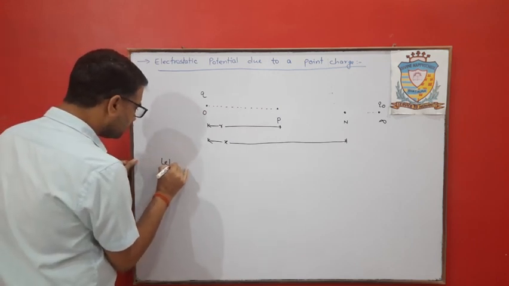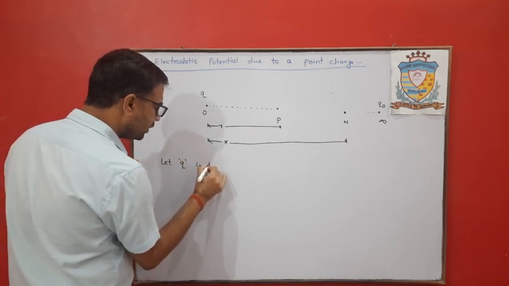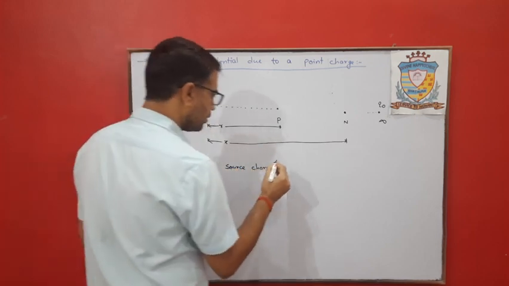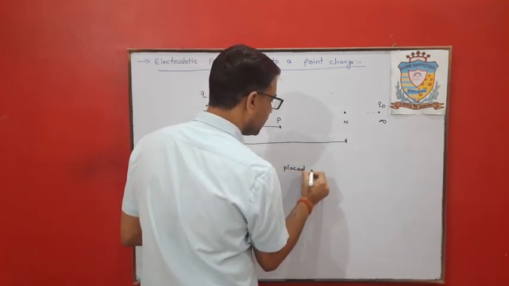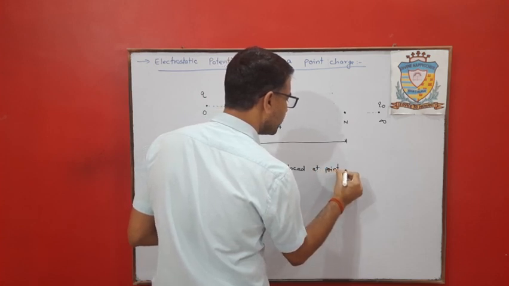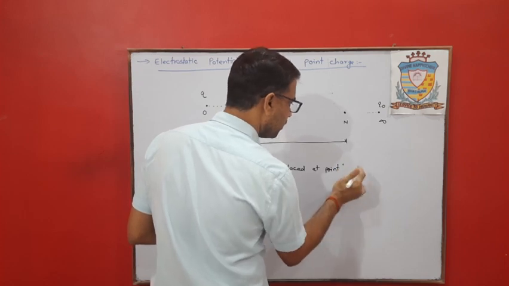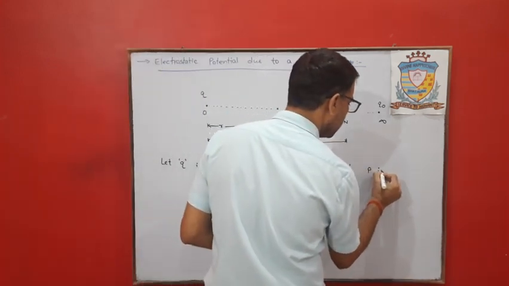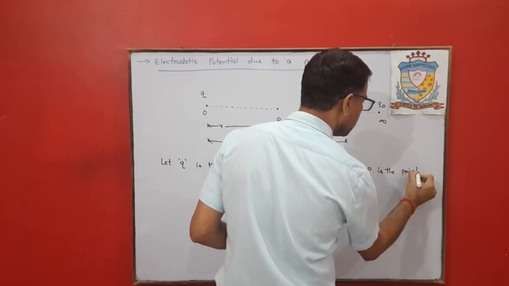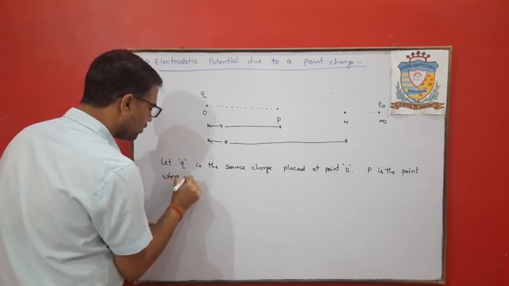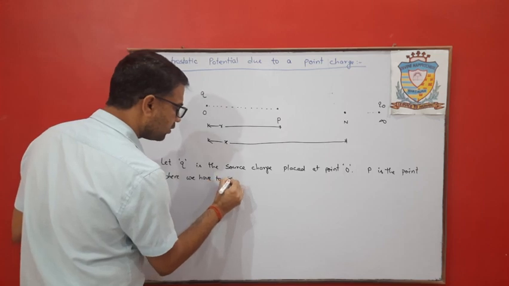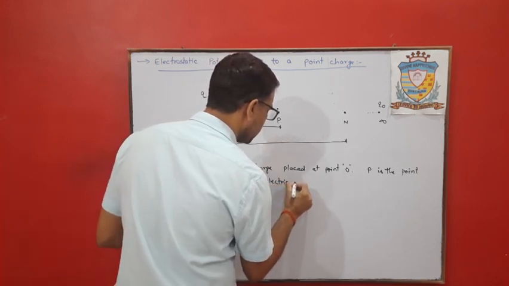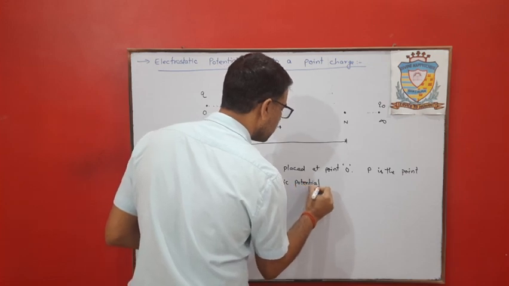Let Q be the source charge placed at point O. P is the point where we have to calculate the electric potential.